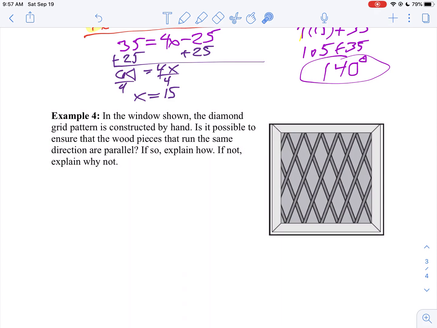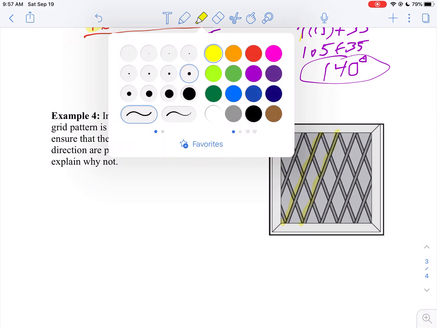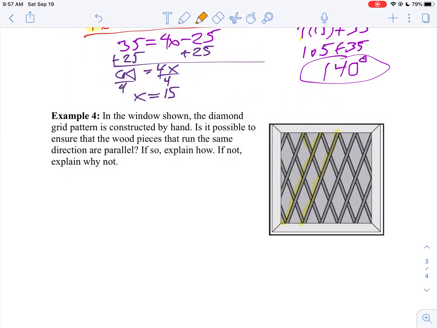Well, here's what we're going to do. We're going to measure some angles. Treat the other line as a transversal. See that there? So in other words, you could use any pair. I'm going to use corresponding, so measure the corresponding angles.